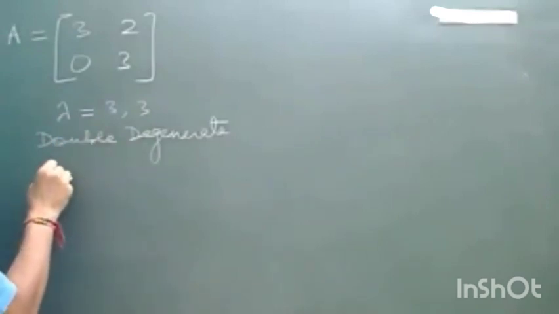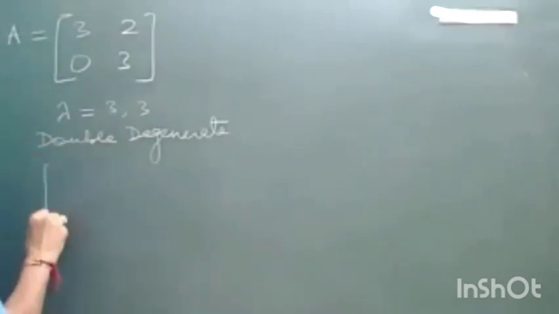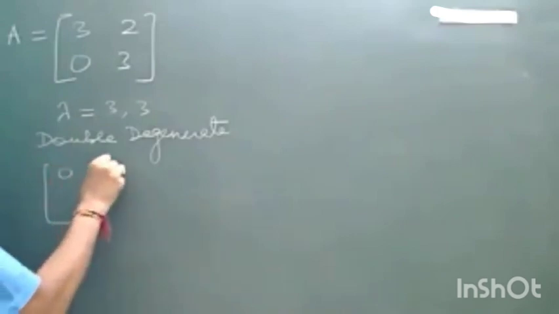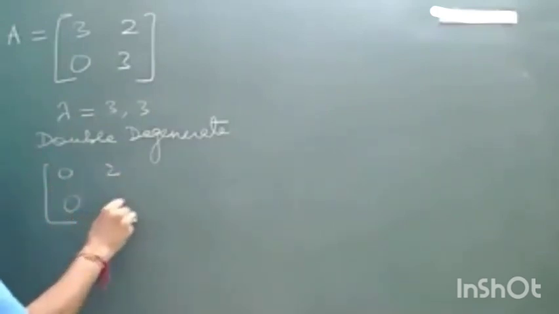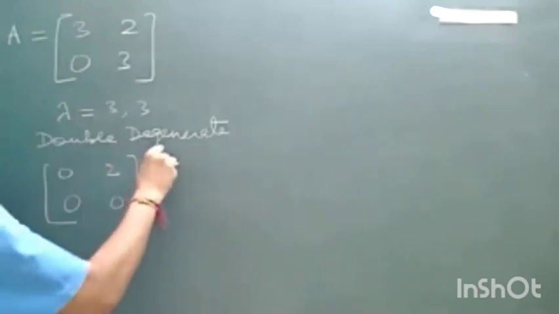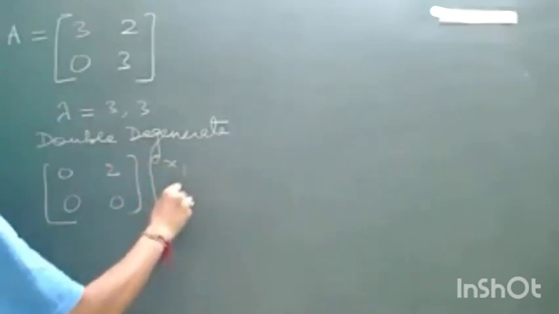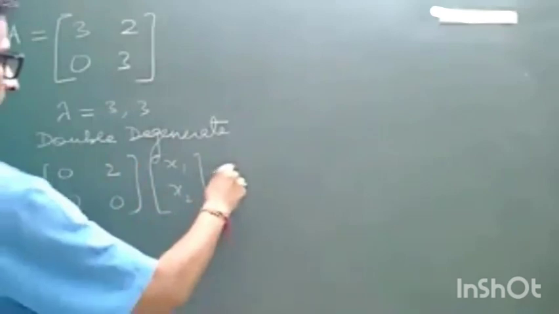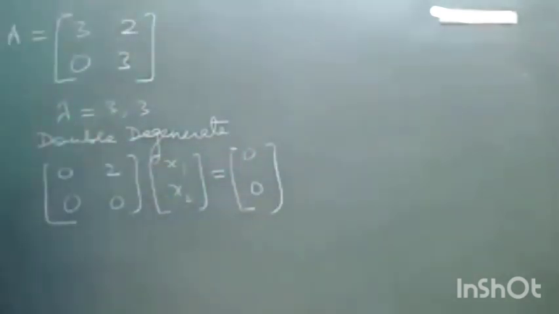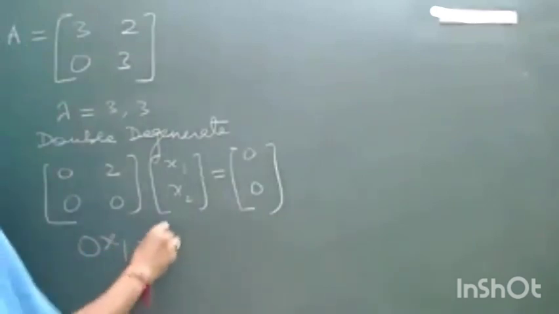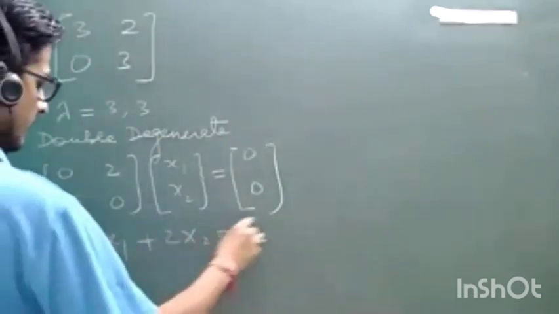So how will we write the equation? 0, 2, 0, 0, and x1, x2 is equal to 0, 0. So you will have only one equation, 0x1 plus 2x2 is equal to 0.